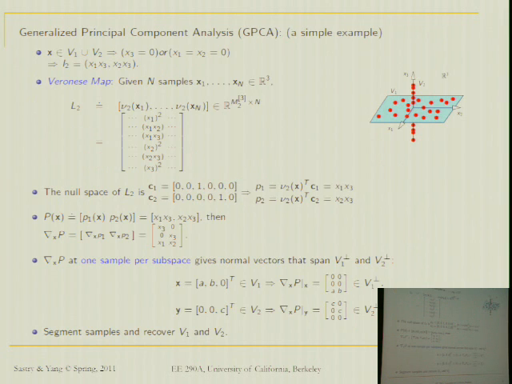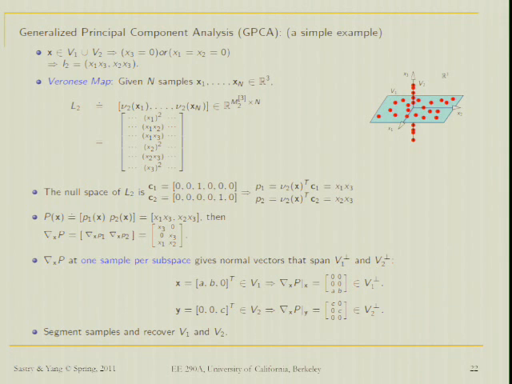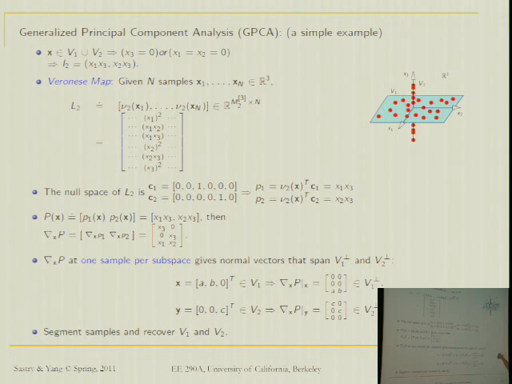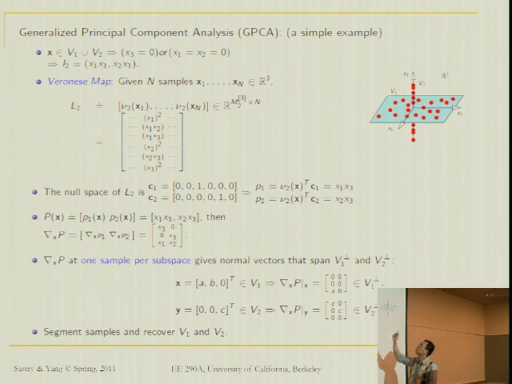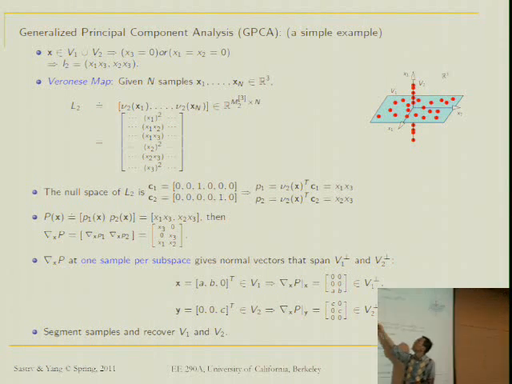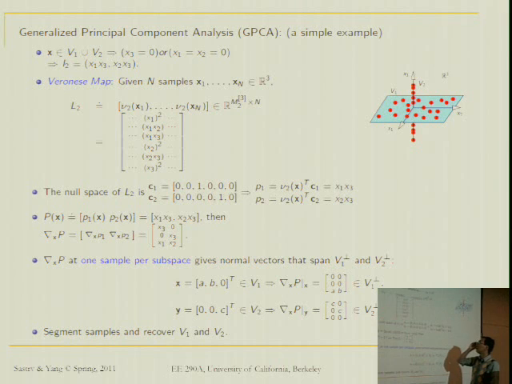So here's the summary from top to end. Again, you start with a whole bunch of points, and based on the definition of orthogonal subspaces and the normal vectors, you are going to eventually get a set of vanishing polynomials. Those vanishing polynomials correspond to the coefficients in the null space of your embedded data matrix. You use those coefficients to recover P1 and P2.